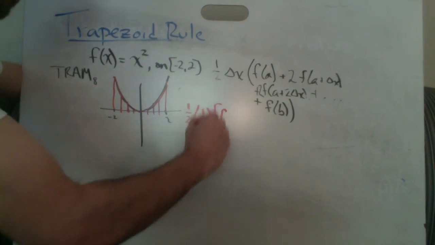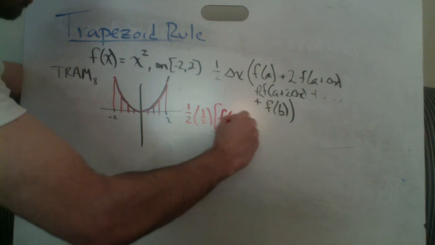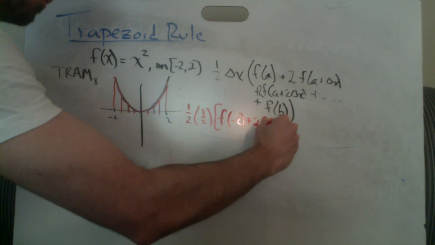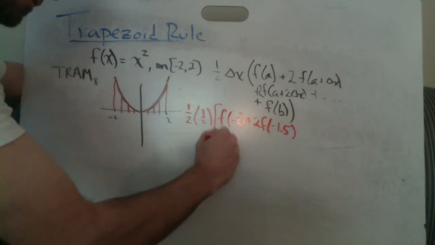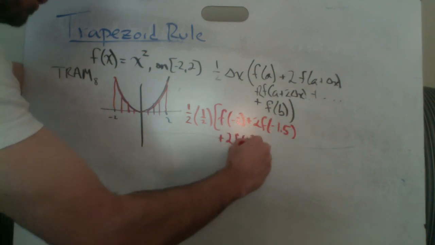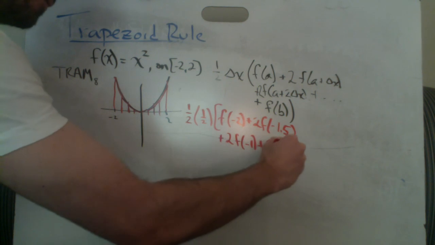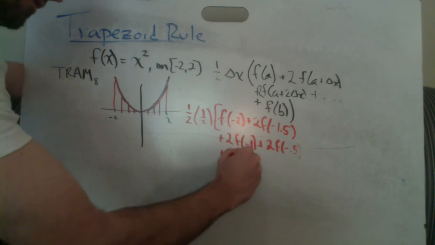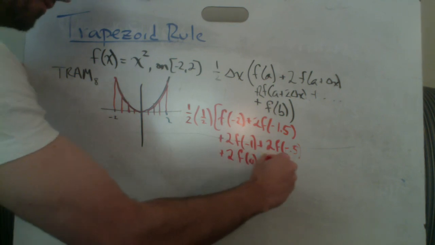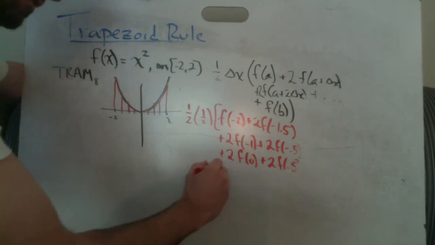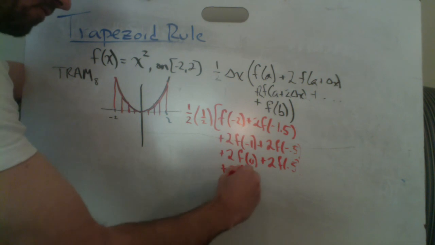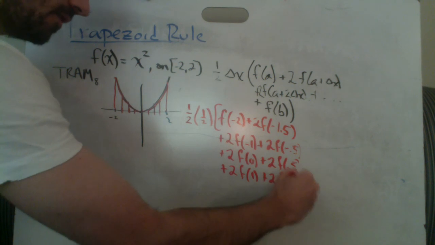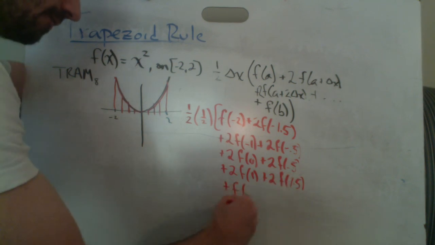I'll get this times f of -2 plus 2f of -1.5, plus 2f of -1, plus 2f of -0.5, plus 2f of 0, plus 2f of 0.5, plus 2f of 1, plus 2f of 1.5, plus f of 2.